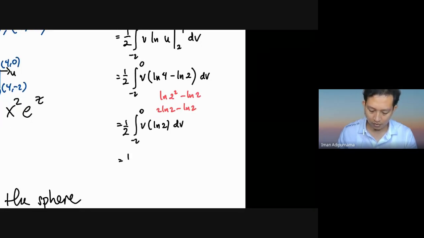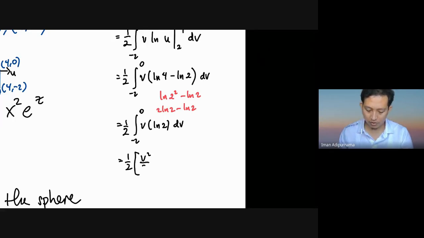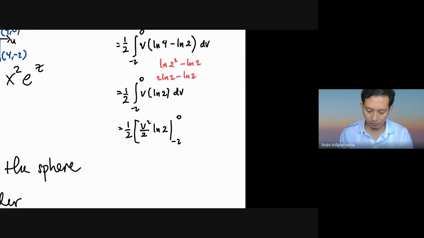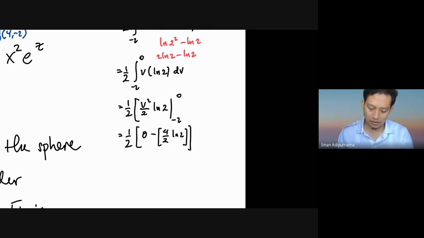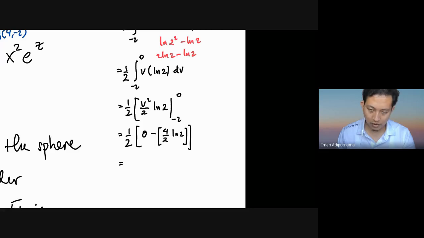And then we can integrate v, become v squared over 2 and ln 2. Integrate from 0 to negative 2. The first one is 0 minus 4 divided by 2 ln 2. It should be negative, right? Negative 2 ln 2 and multiplied by half, it's negative ln 2.